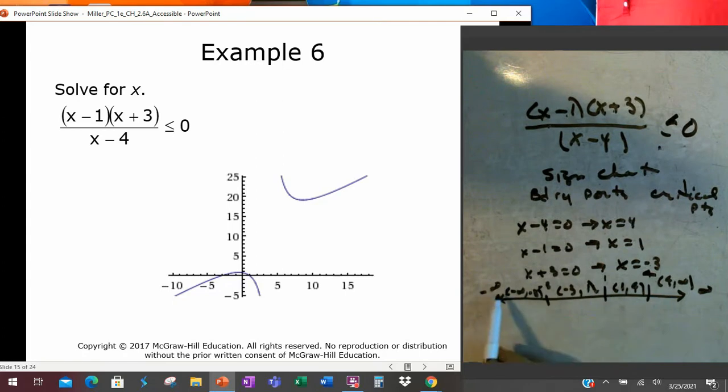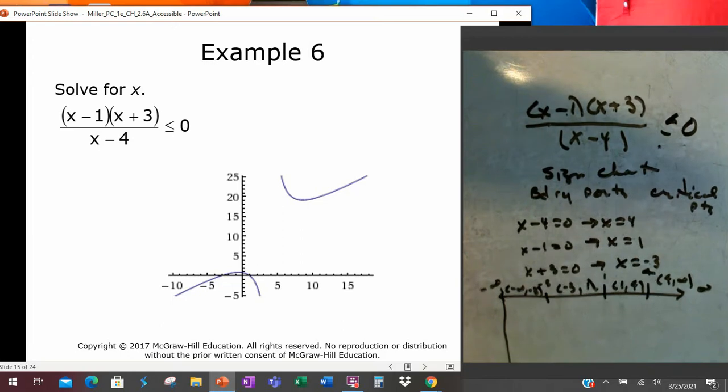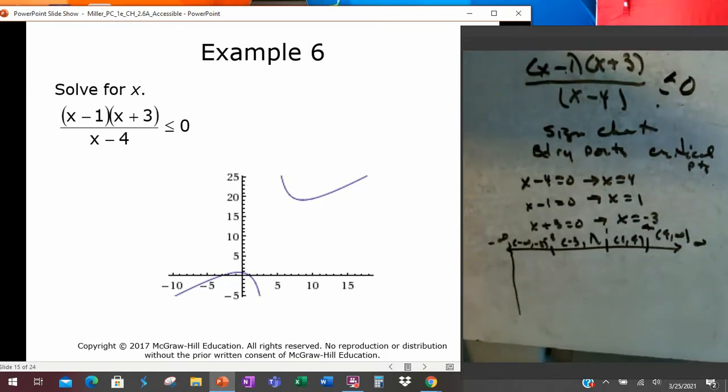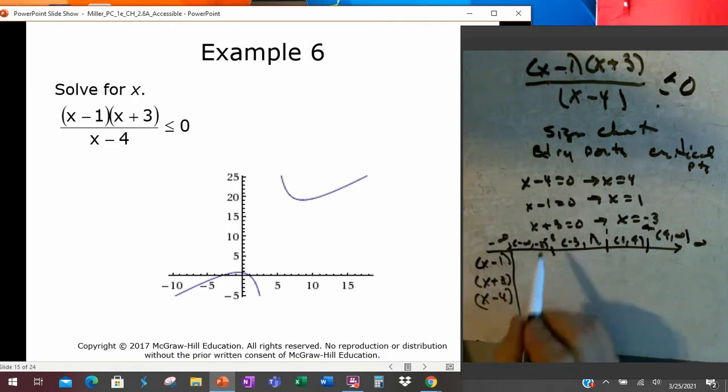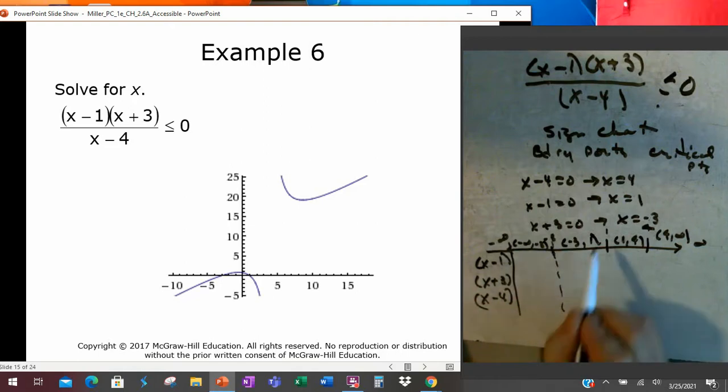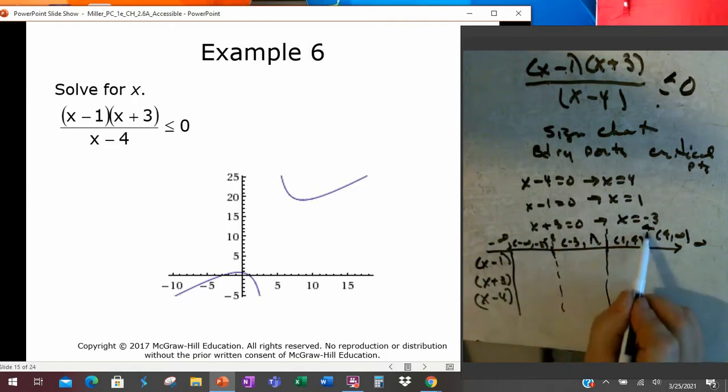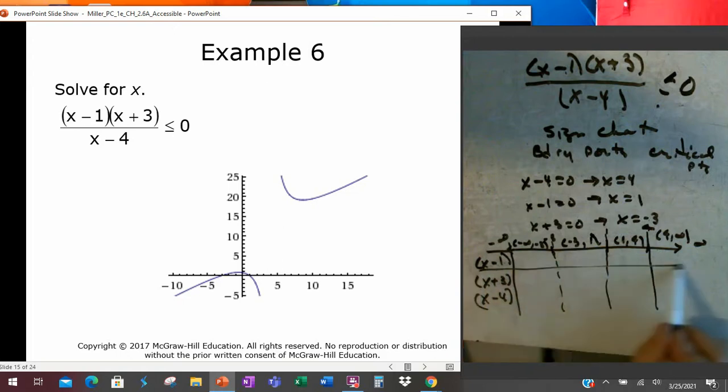So what I want to do now is extend this down. Open this up a little bit. And I'm going to write each one of these factors. It doesn't matter which one I start with. X plus 3, x minus 4. I extend these breakpoints down.